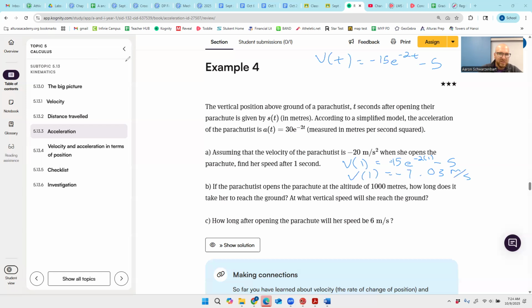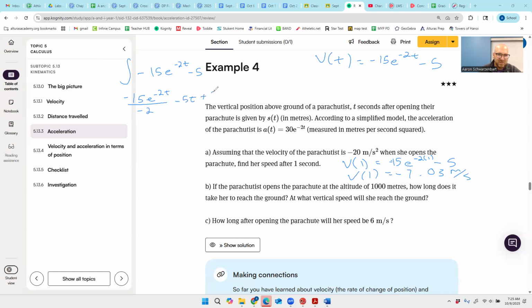So I will integrate my velocity equation, and I will divide, same process for integrating here.